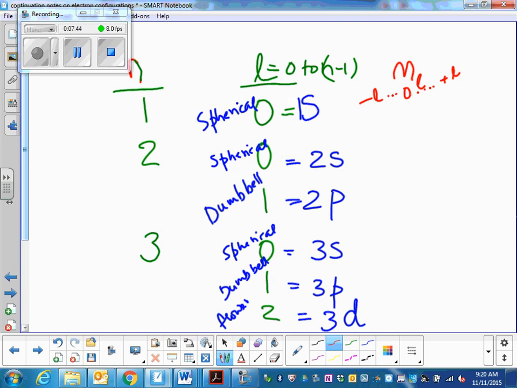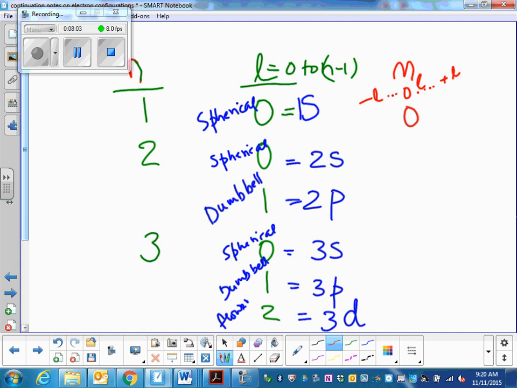So what did ML solve for? If L equals 0, there is no minus 0, it's 0 plus 0. It's only 0. So the sphere is equally spread around the nucleus. There is no orientation to it.